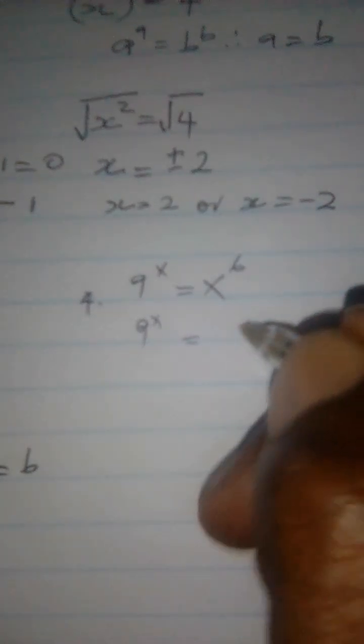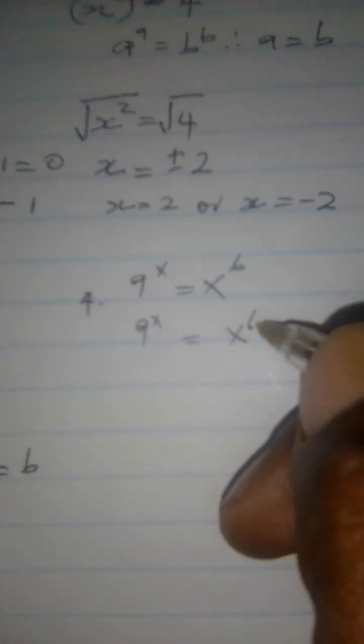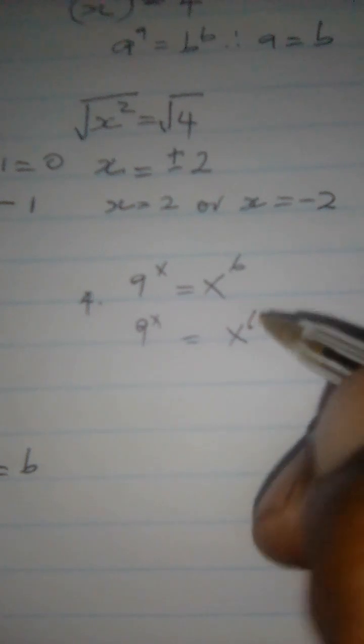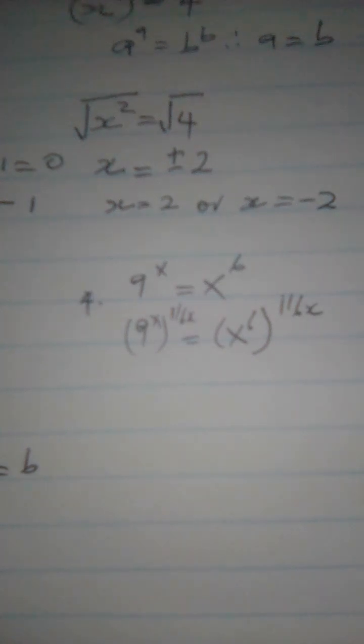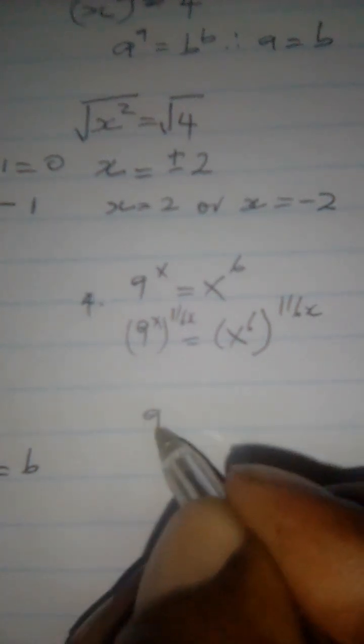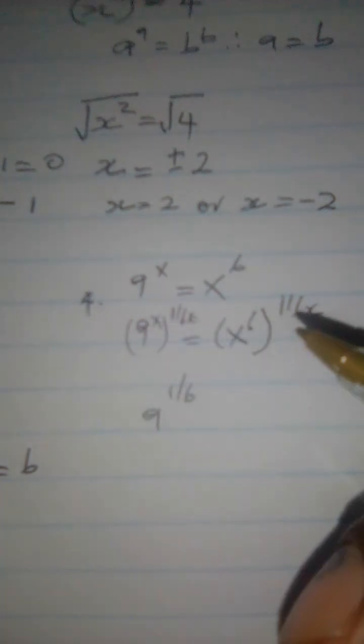I'm going to raise both sides, 9 raised to x equals x raised to 6, to the power 1 over 6x, on the left hand side and on the right hand side. From here, I'll be left with 9 raised to 1 over 6, because these two x's are gonna cancel.